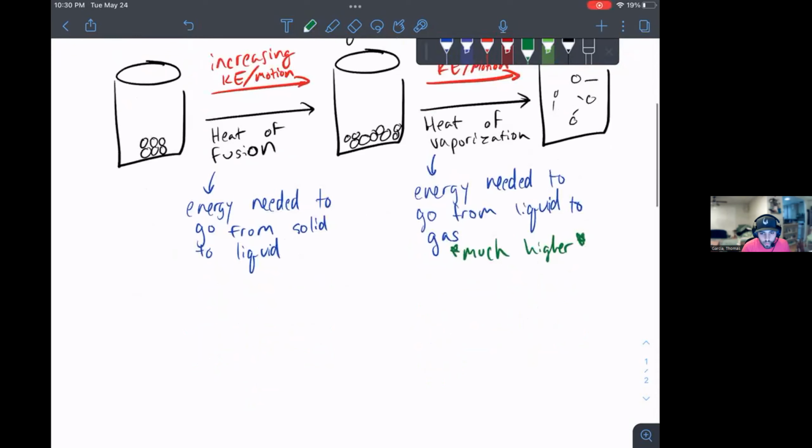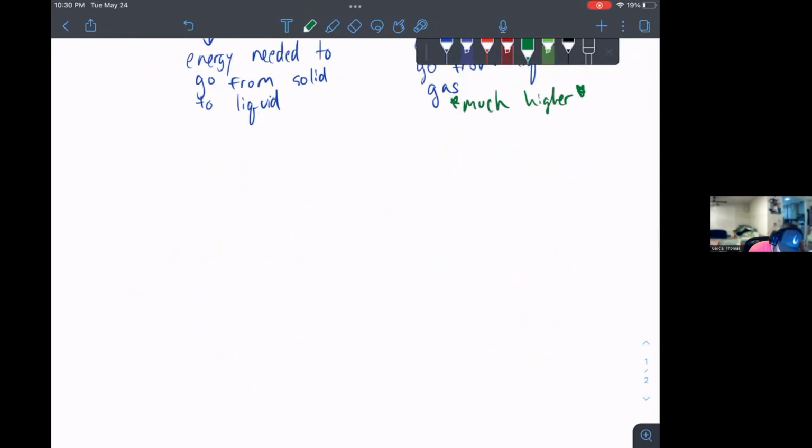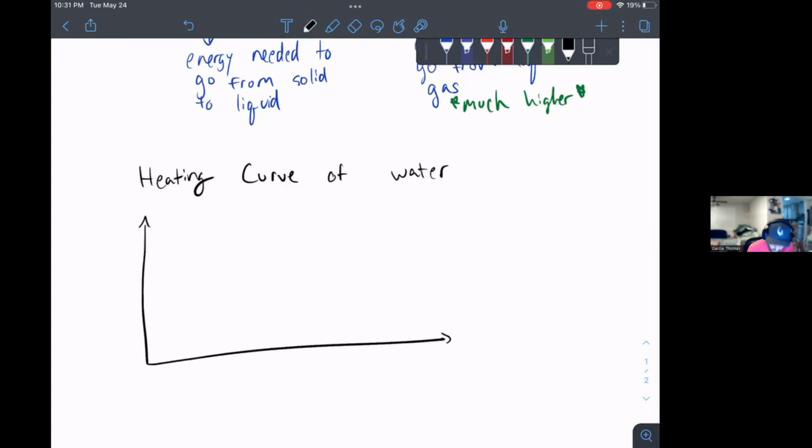All right. So what we're going to do is look at water, and specifically the way we generally talk about heat and energy is we look at the heating curve of water. Now, that's a misnomer considering that in our heating curve of water, we don't really have curves.